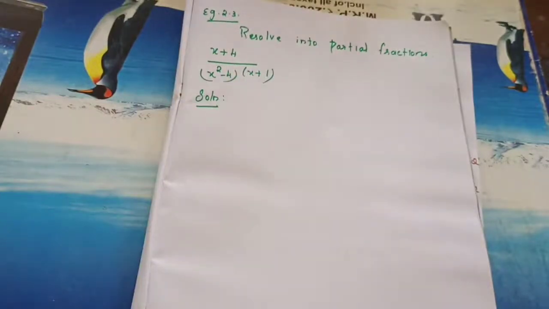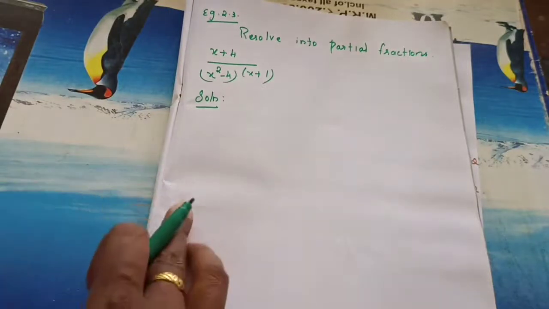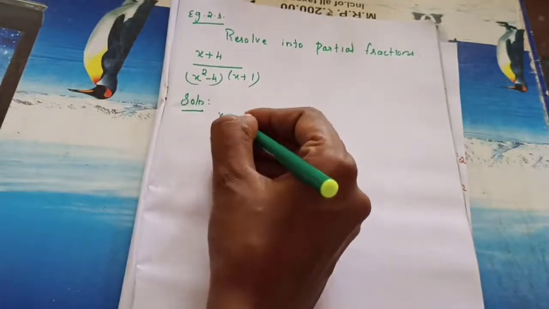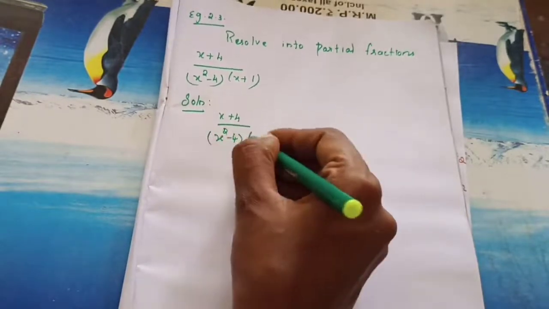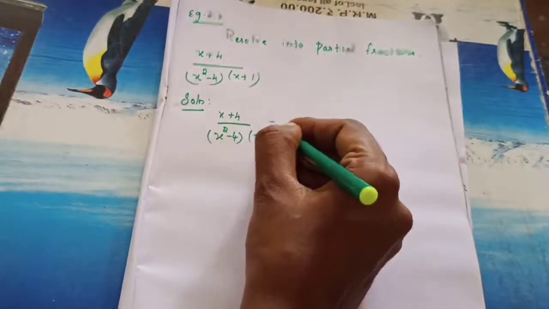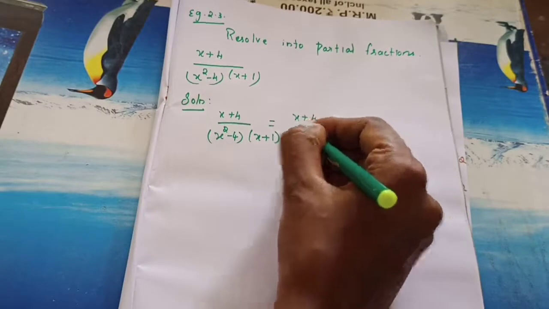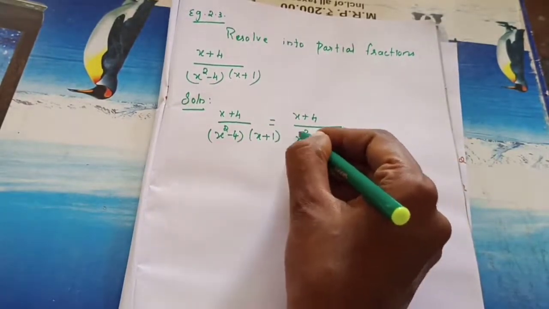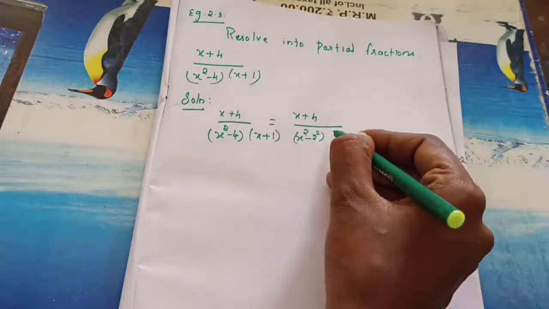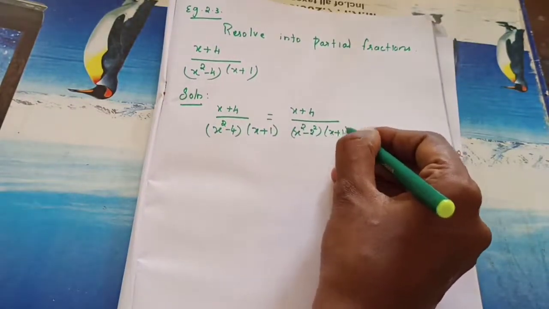What are the three factors here? Here there are three factors. So first you need to simplify this: (x plus 4) divided by (x square minus 4) into (x plus 1) is equal to (x plus 4) divided by, this one how will you write? a square minus b square. Yes, 4 we can write as 2 square, so x square minus 2 square, into (x plus 1).